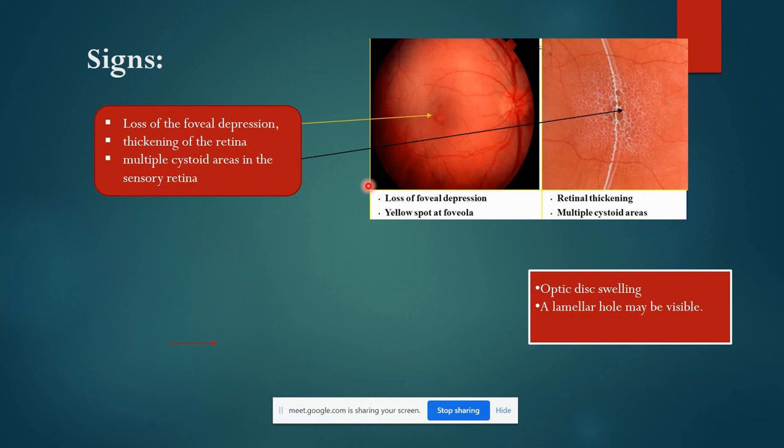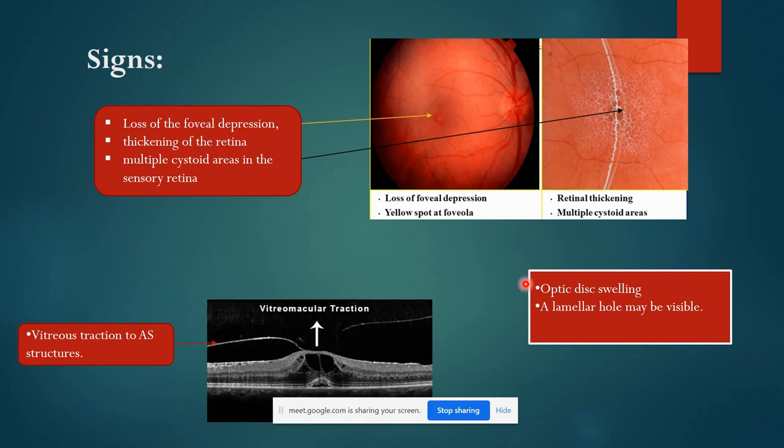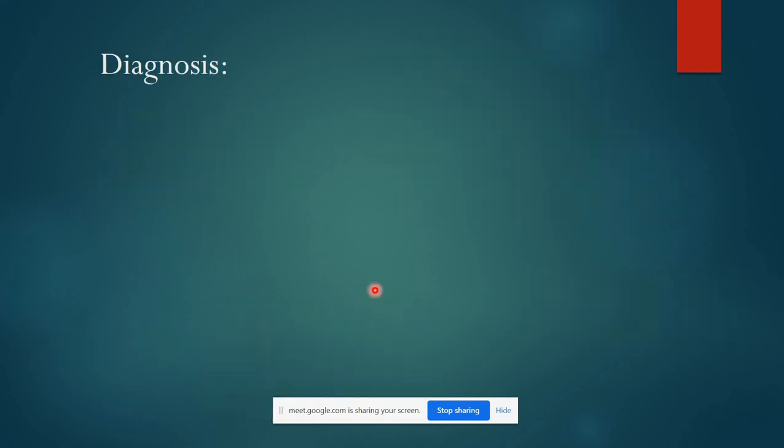Okay, then other signs are towards the optic disc, where there is a swelling of the optic disc, and then there might be a lamellar hole in advanced cases. Okay, the lamellar hole is caused by vitreous traction, and I think we had explained this in the previous slides itself.